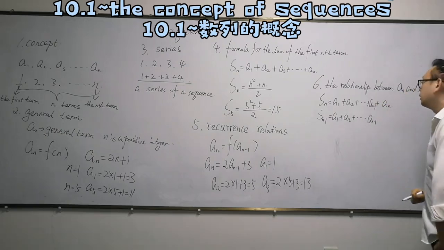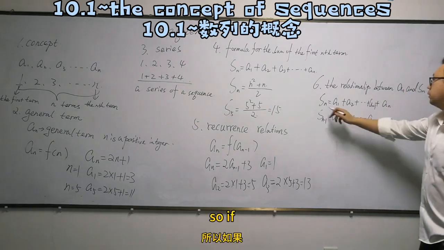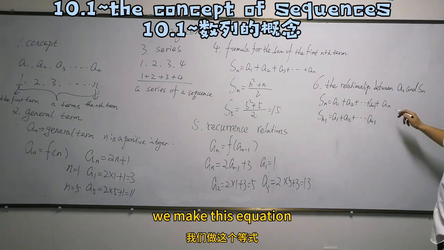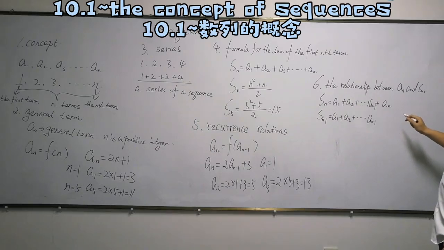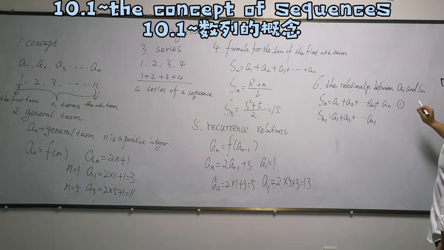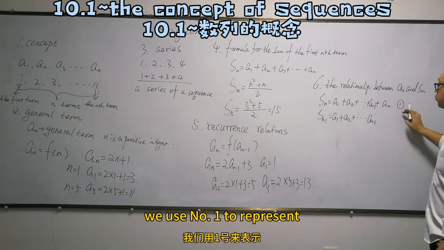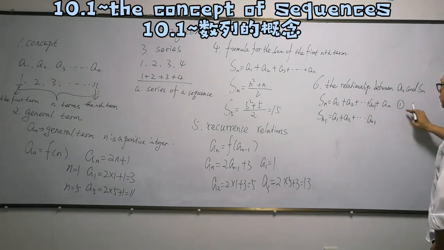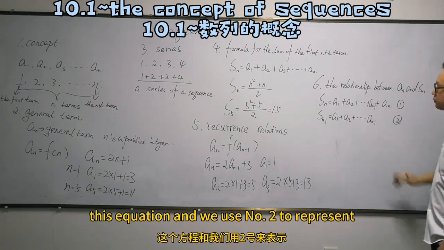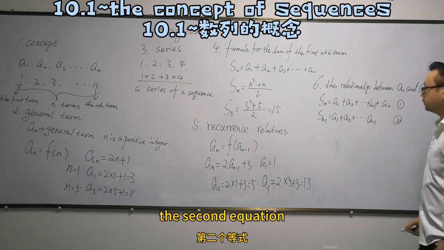So if we make this equation the first equation, and we use number 1 to represent this equation, and we use number 2 to represent the second equation.